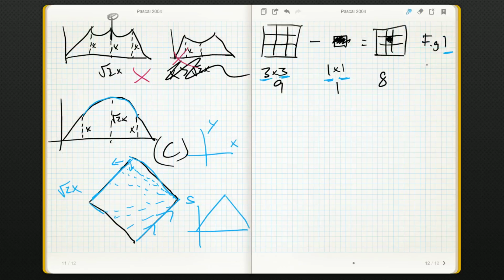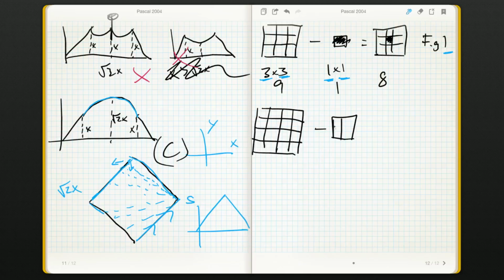Alright, so now figure 2 will have a 4x4 grid, and we're subtracting off a 2x2 grid out of the middle. So this is a 4x4, so 4 times 4, there's 16 squares there.